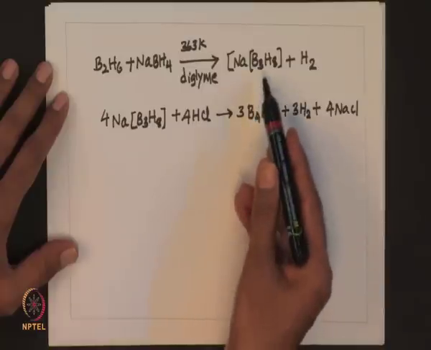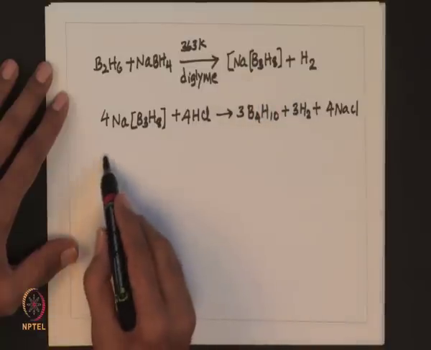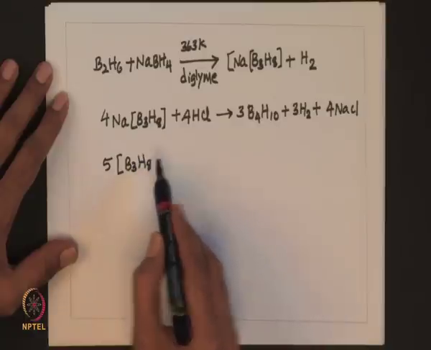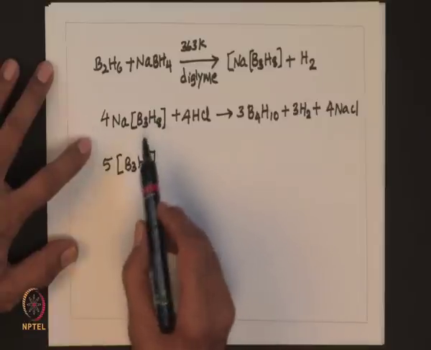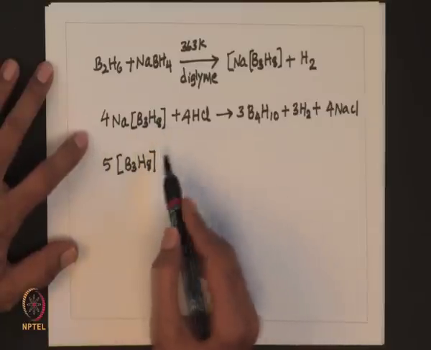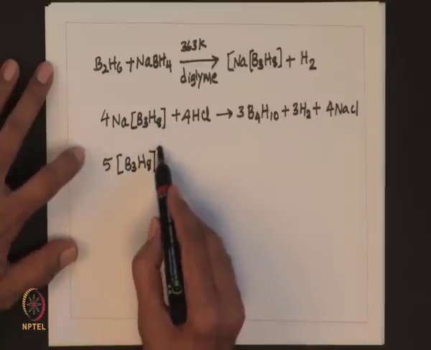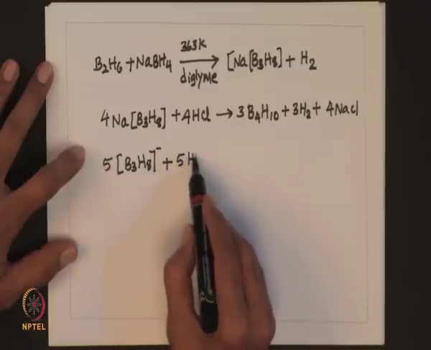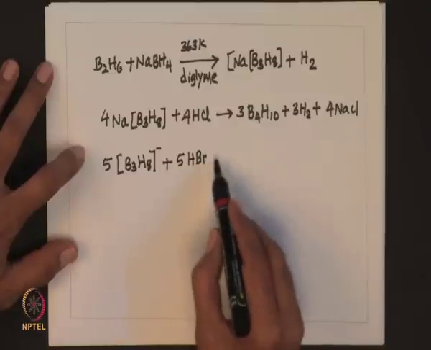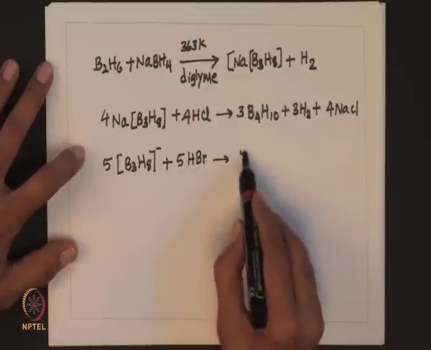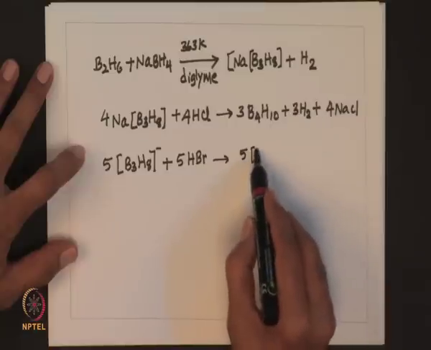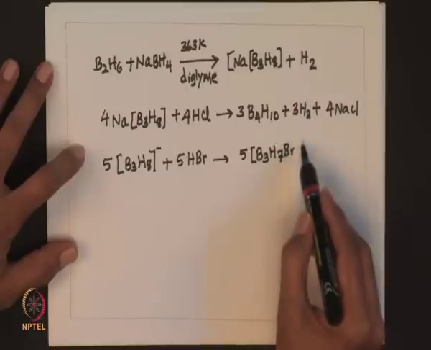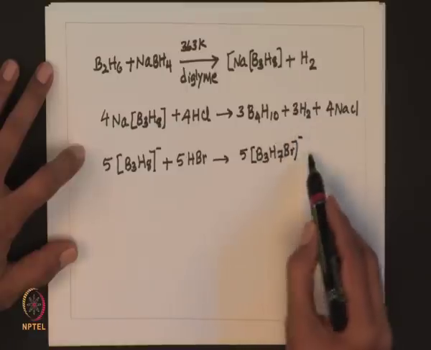And again this B3H8 anion, so either you can write the complete formula NaB3H8 or you can also mention B3H8 minus, on treatment with a stoichiometric amount of HBr gives a bromo derivative of boron hydride.